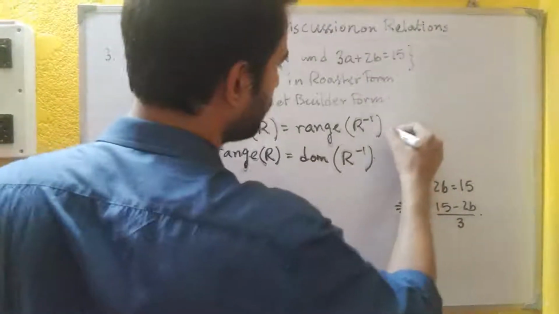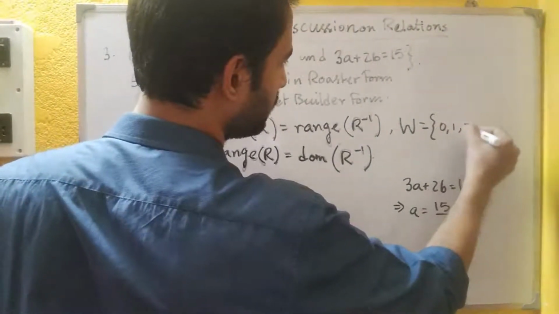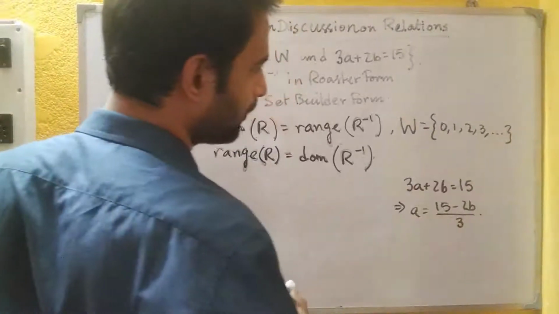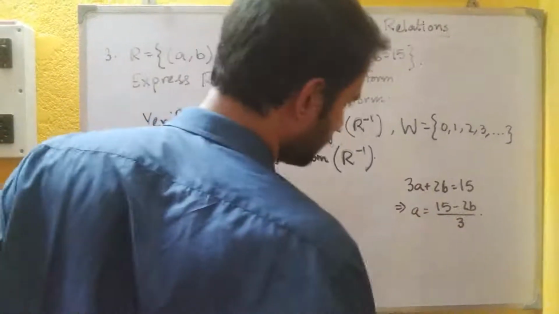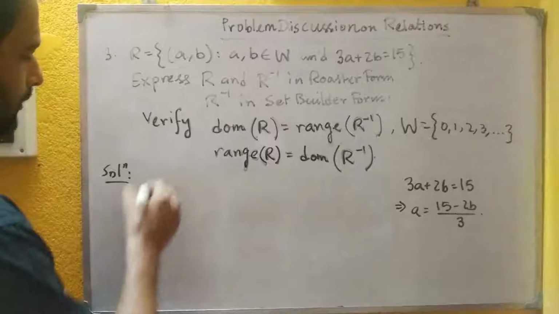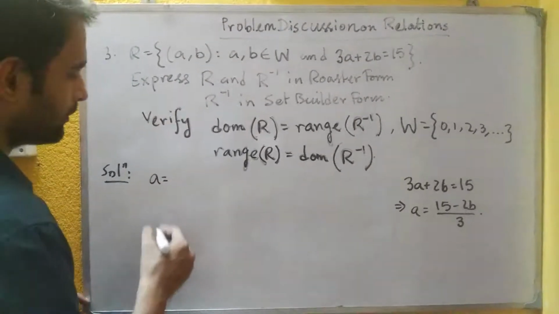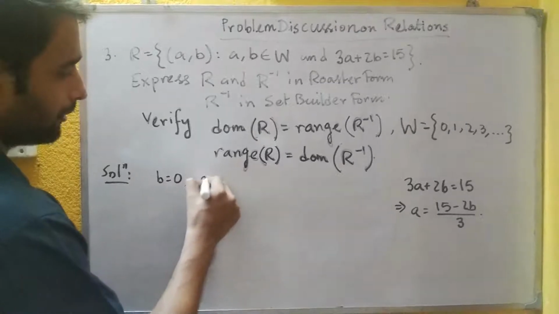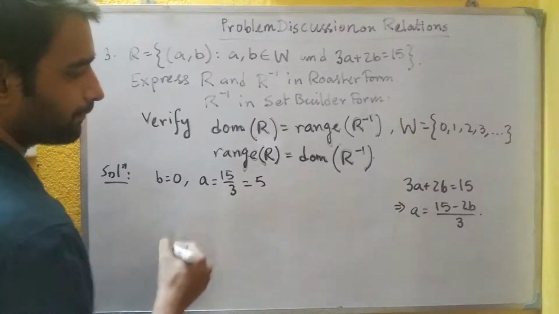Now the set of whole numbers starts with 0, then continues as 1, 2, 3 and up to infinity. So we have to put the values of B from that set and find A. Let us see how the values of A are coming. If you put b equals 0, you get a as 15 by 3, that is 5.